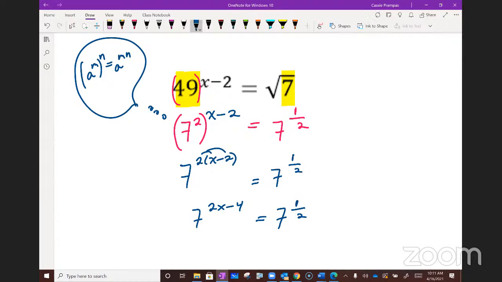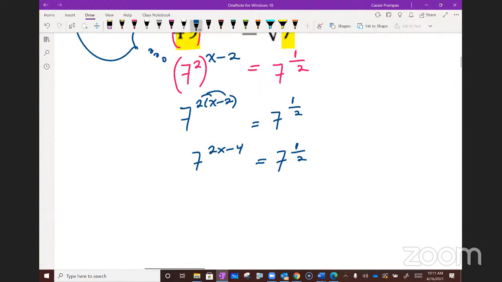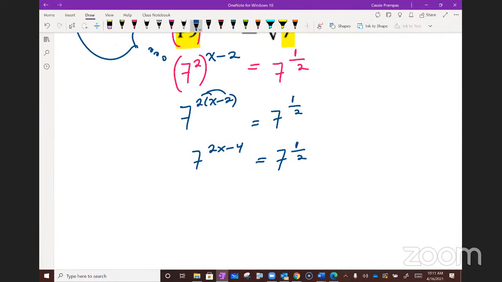Now that the bases are the same, the exponents have to be the same. So I'm going to go ahead and set 2x minus 4 equal to 1/2 in order to see, well, what would x have to be? So 2x minus 4 equals 1/2. And now I just need to solve for x. So I need to add 4 to both sides.